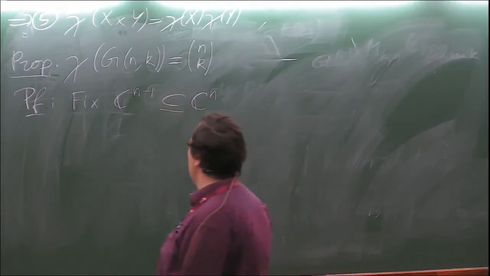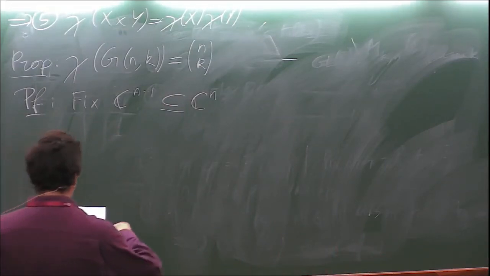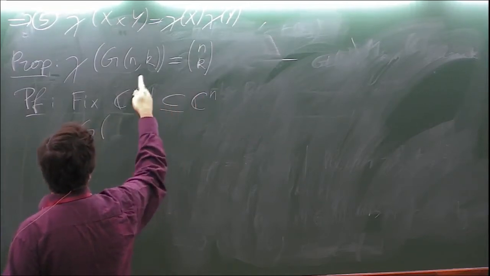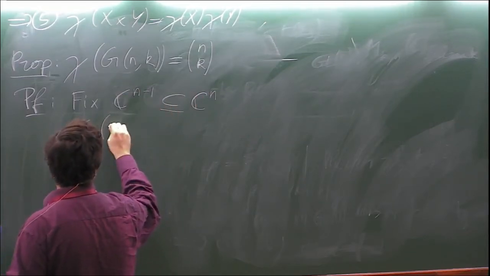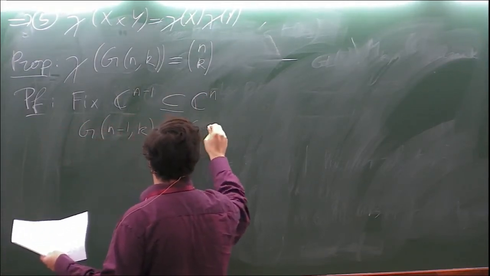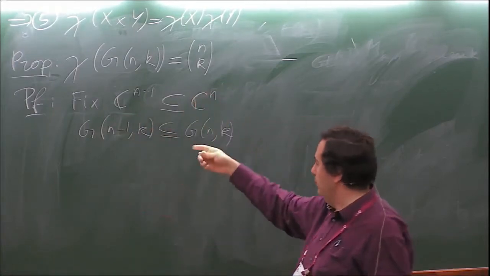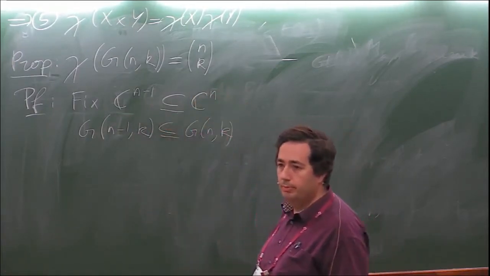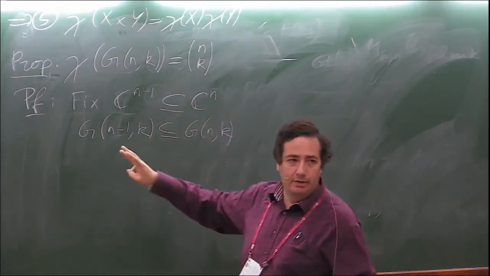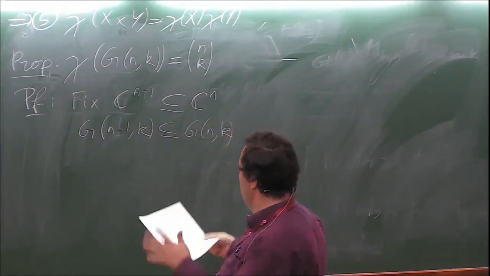So first of all, we have this inclusion: Gr(n-1,k) is included in Gr(n,k). Just following this inclusion, if you have a subspace here, you have also a subspace here in an obvious way. And of course, everything that I write as an inclusion is an algebraic inclusion for obvious reasons that you don't know, but think about it.